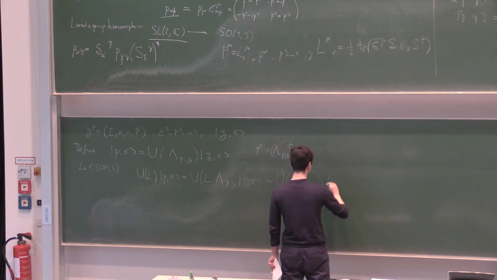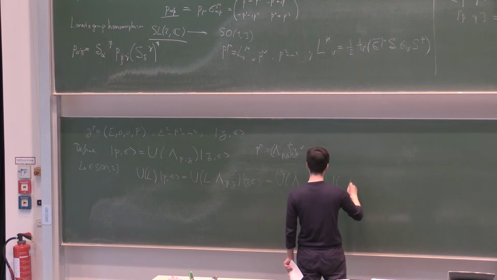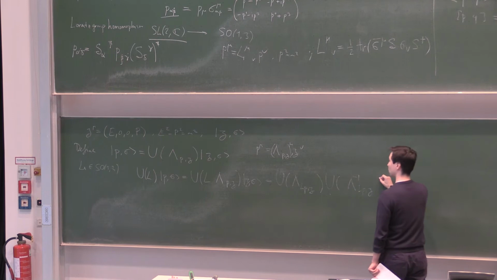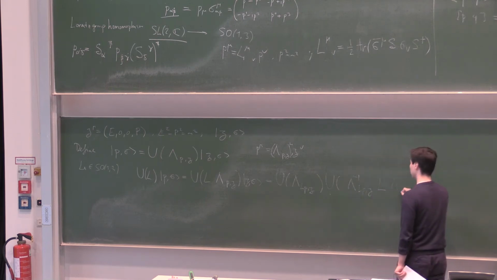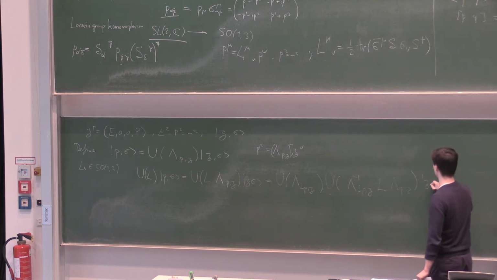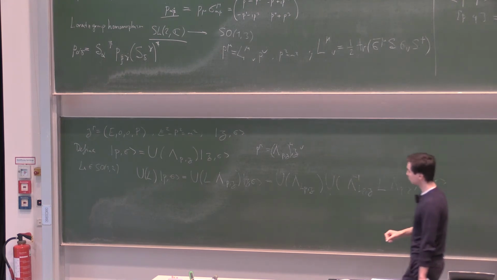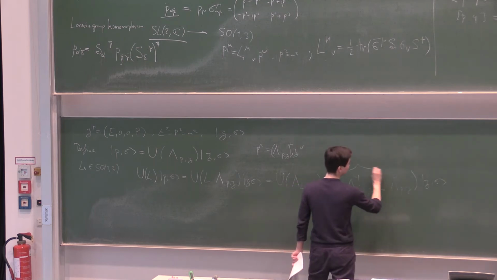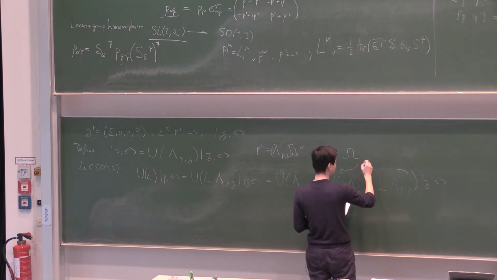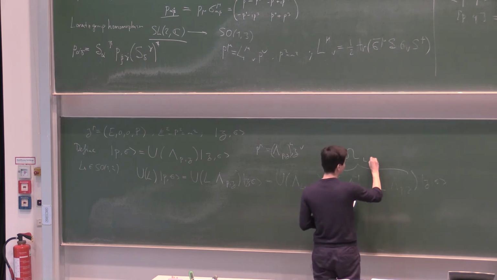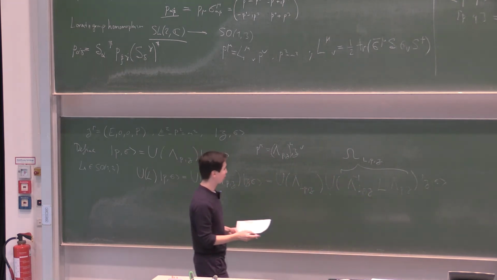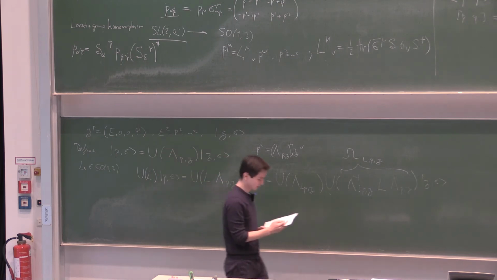So I just created something out of nowhere, but I kill it right away. Okay. And let's consider this beast here. So this is some Lorentz transformation. It depends on all of the definitions that I started with.